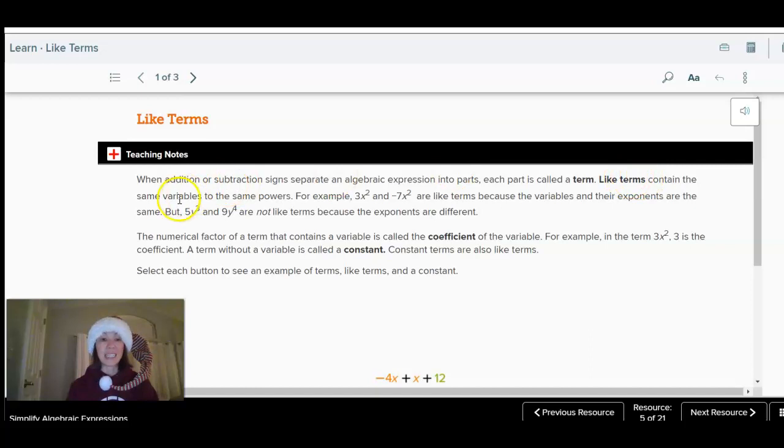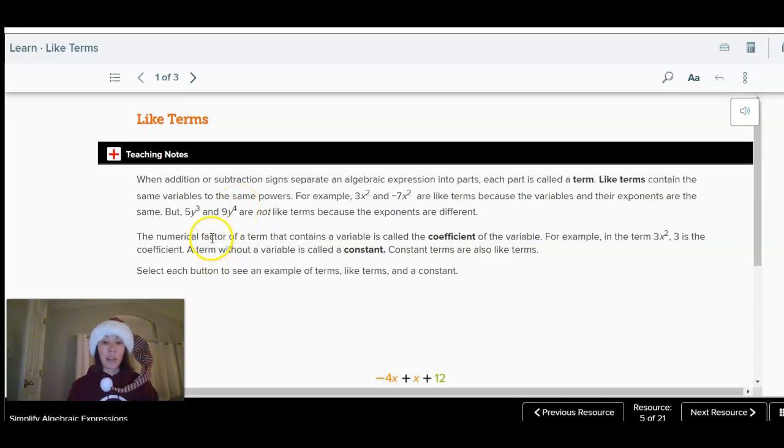Like terms contain the same variables to the same powers. For instance, 3x squared and negative 7x squared are like terms because they both have x to the second power. So it doesn't matter what the numbers in front are, as long as they have the same variable, x, to the same power, 2, then those are considered like terms. These are not like terms because they don't have the same exponent.